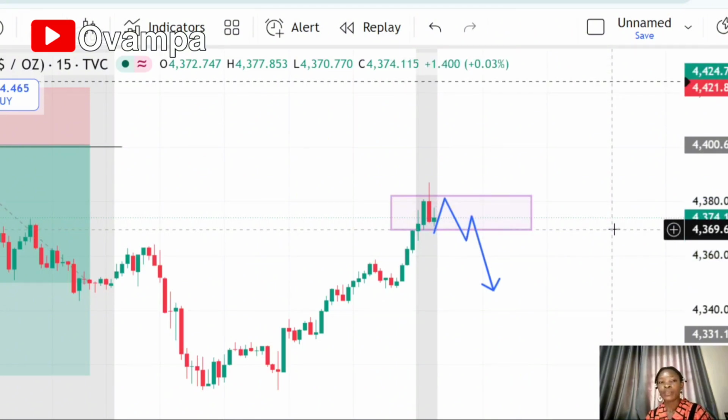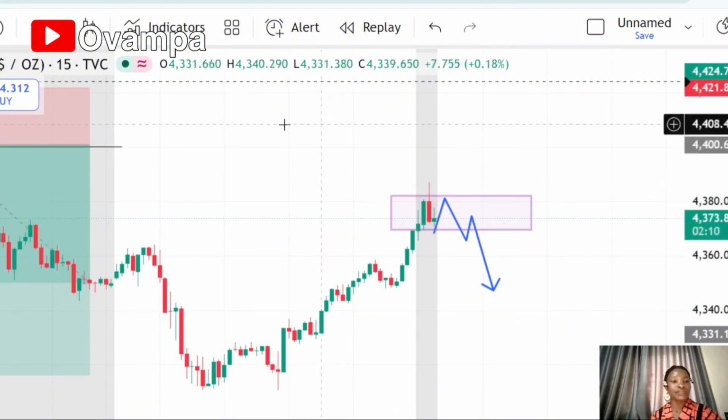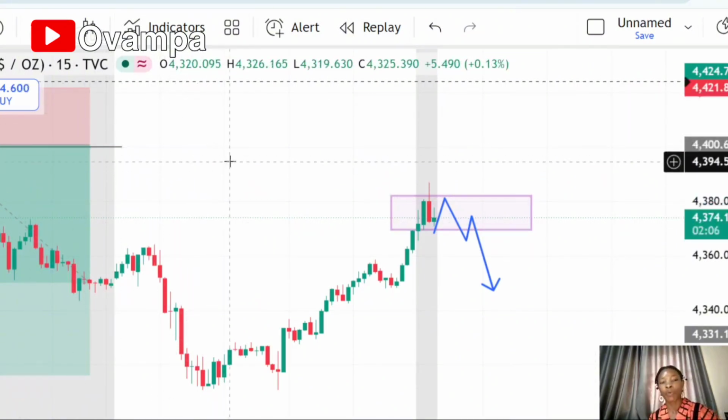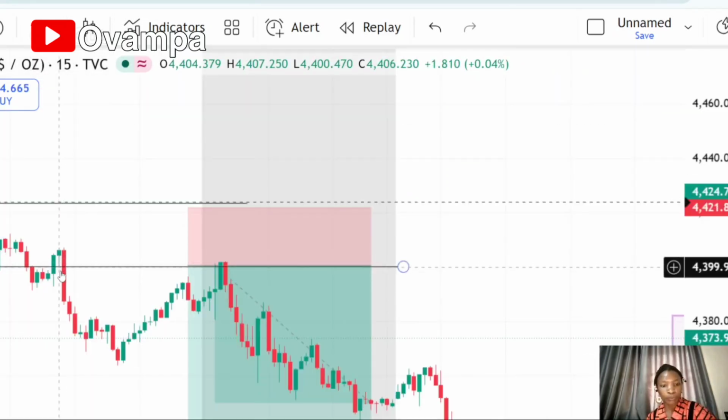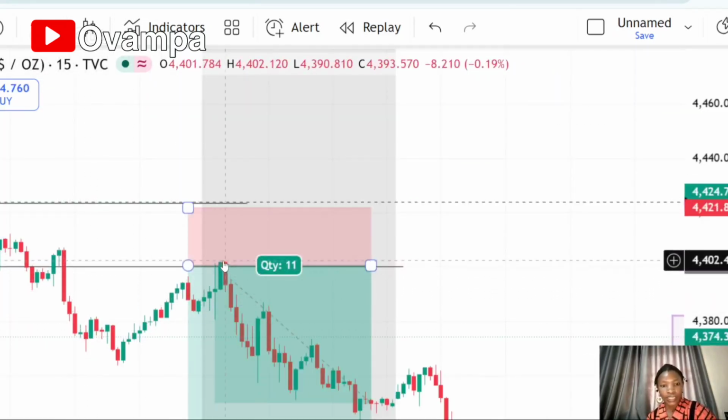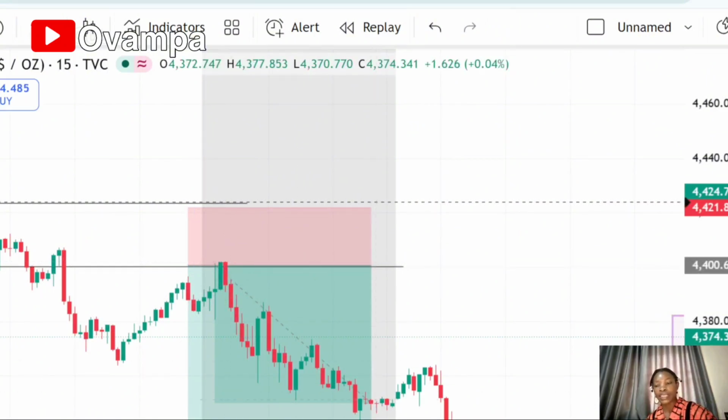Now, one thing you should know about alert is this. Alert doesn't mean automatic buy or sell all the time. Alert helps you to check out what you've been waiting for and say, okay, is this it? For instance, the first illustration was a kind of instant entry because it already pushed below here, it came back again. So this time around, it was automatic entry.